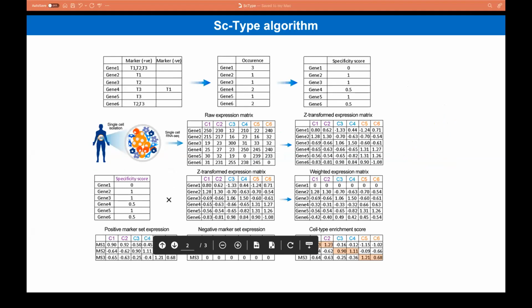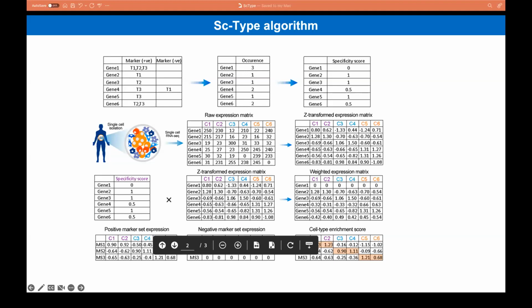Here is an example for our algorithm. So assume that there are 6 genes and they have been reported as markers for 3 cell types, for example, T1, T2, T3. Gene 1 is a marker for all 3 cell types or tissue types, and gene 2 is a marker for only one particular tissue type.